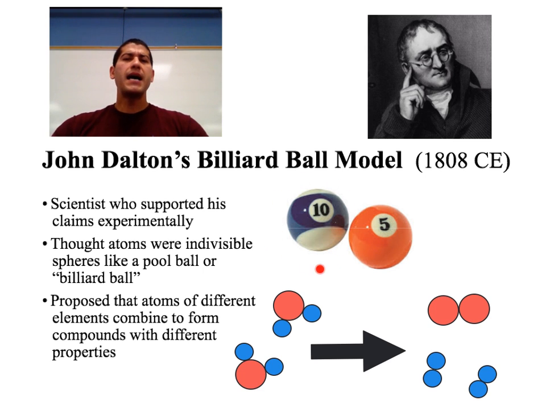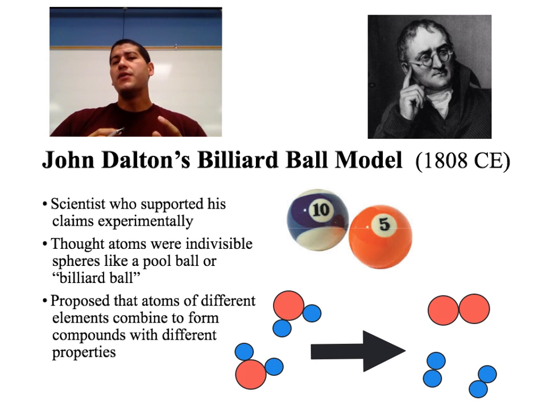He spent a lot of time performing chemical reactions, and unlike Democritus, he didn't think that every kind of matter had its own atom, but that different elements combined to form different substances or compounds.